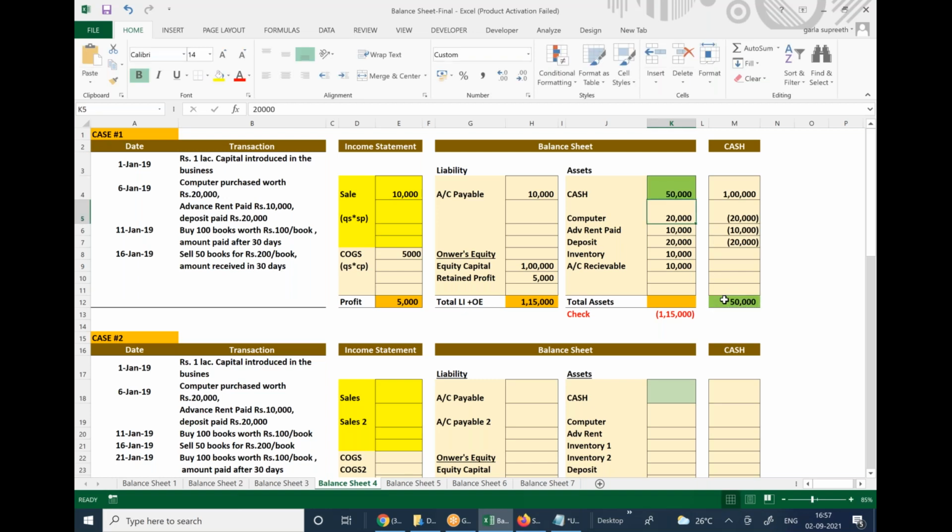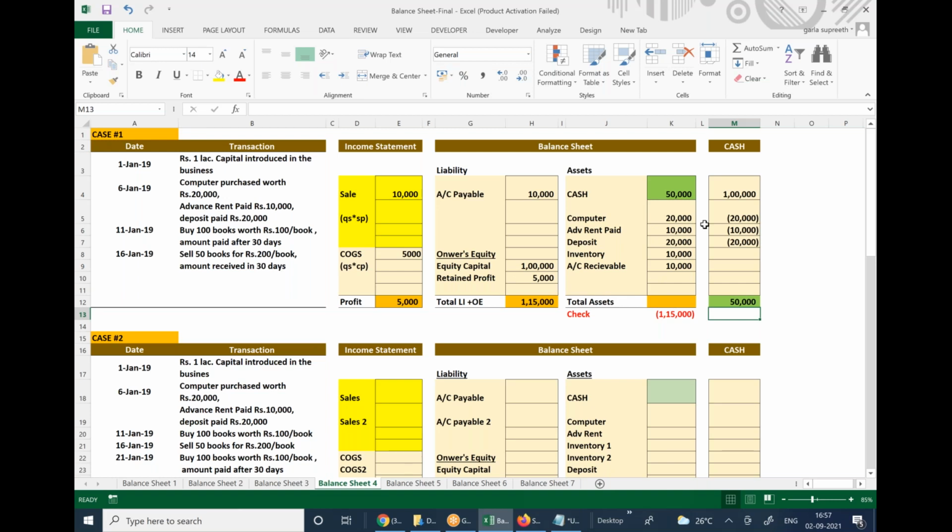So tomorrow, if your cash is 60,000, see what happens to your end of period cash. That also changes. Okay. So right now, I'll just type sum of, close the bracket, 50.